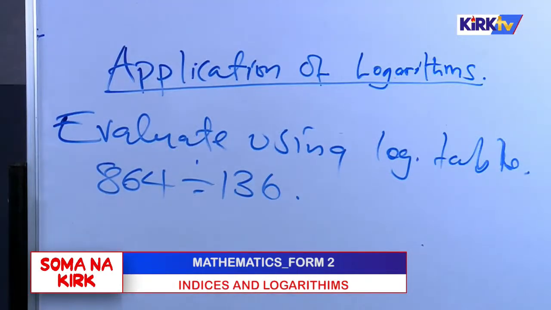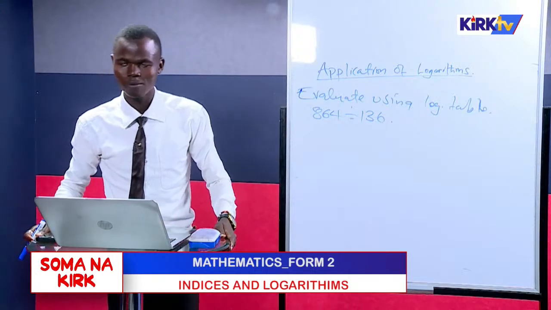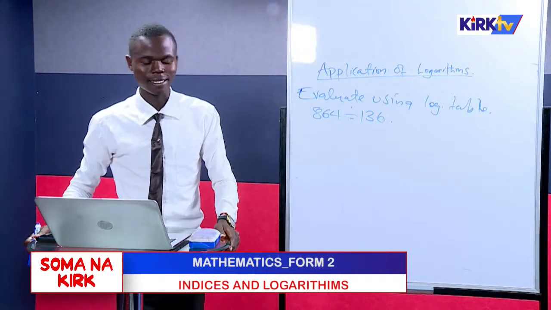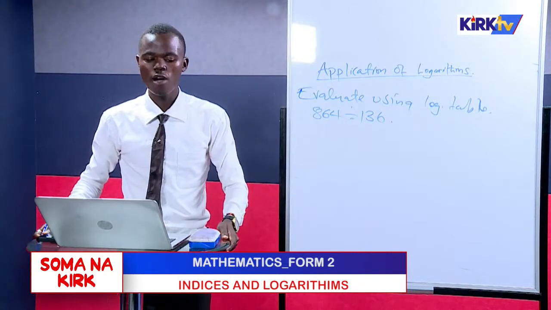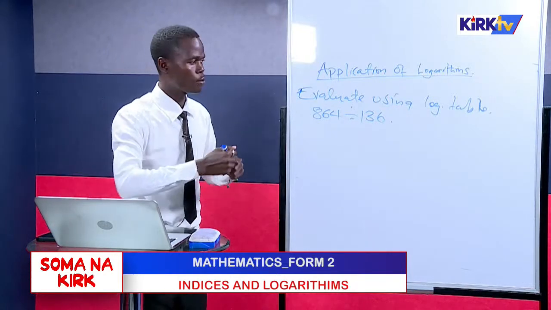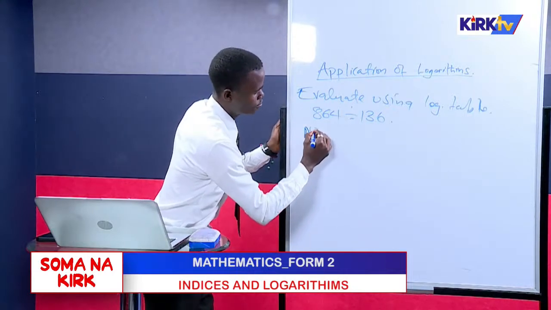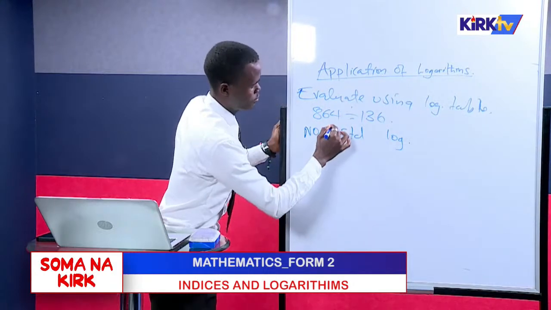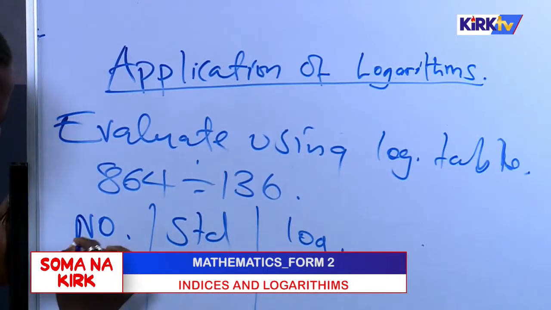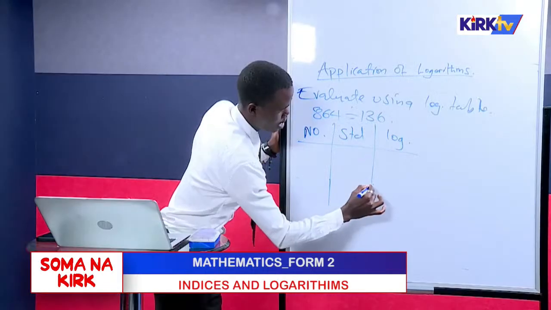Now, at the back of your mind, just like I said when I started, we have got 3 laws, but this is now the law of division. We'll use the same procedure: number, standard form, and finally the logarithm.